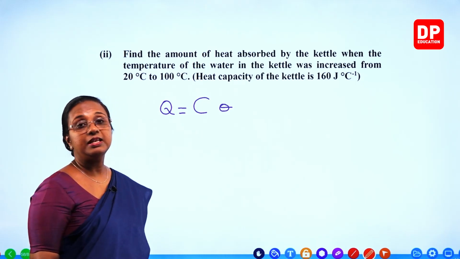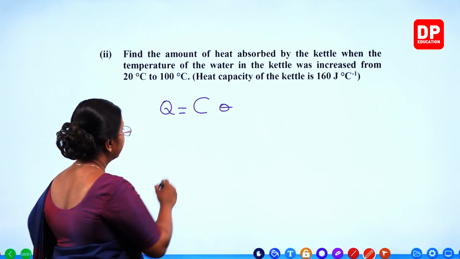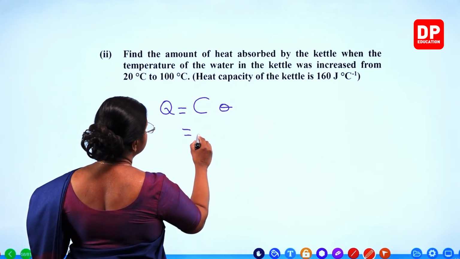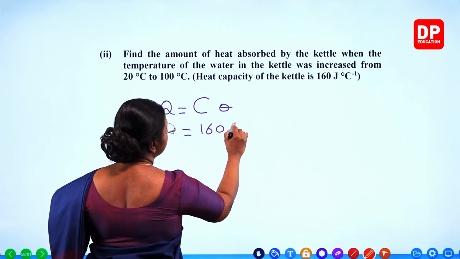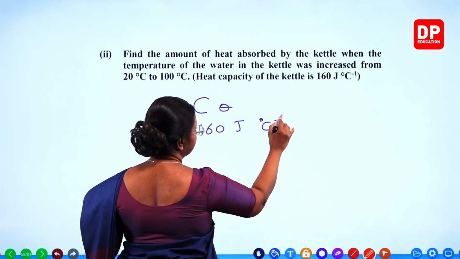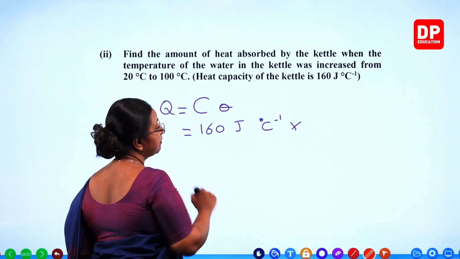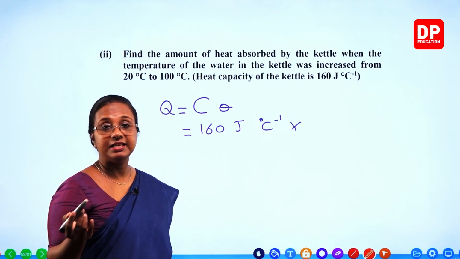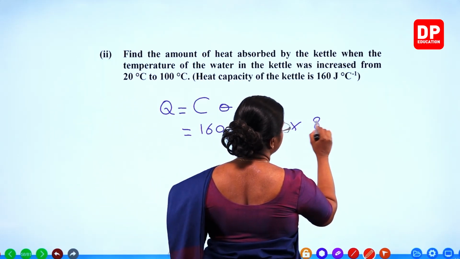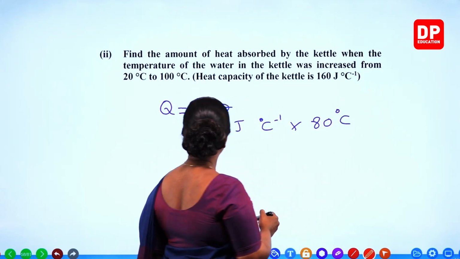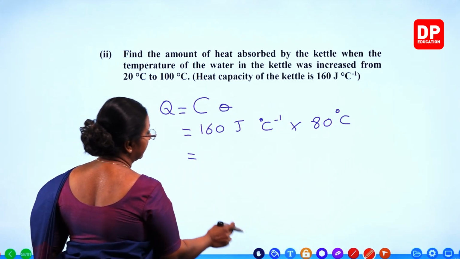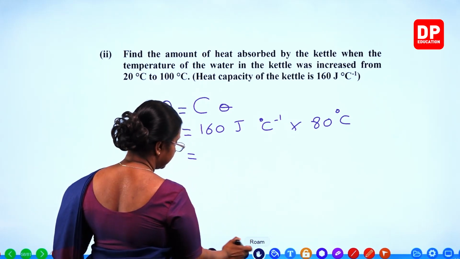C is heat capacity. So what is that? Heat capacity is 160 joule per degree Celsius into theta, which we already calculated as 80 degrees Celsius. So directly I can multiply.